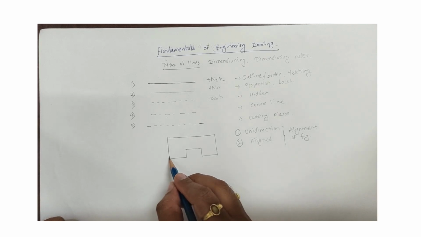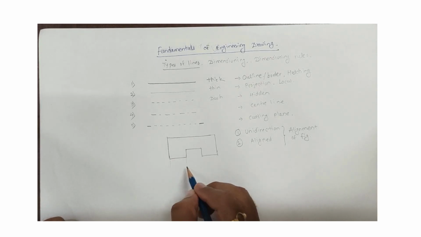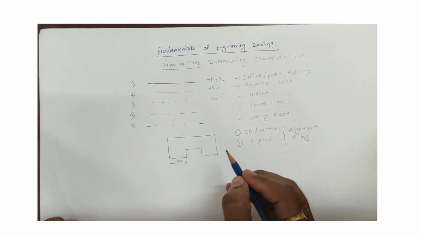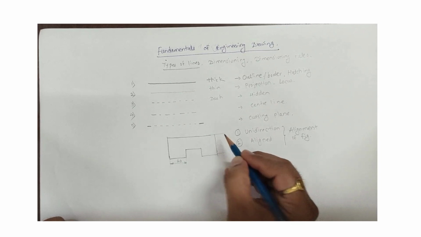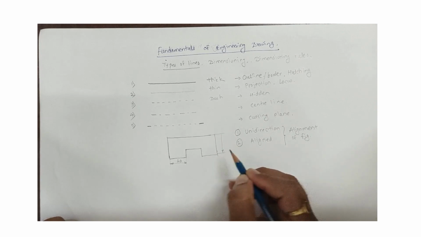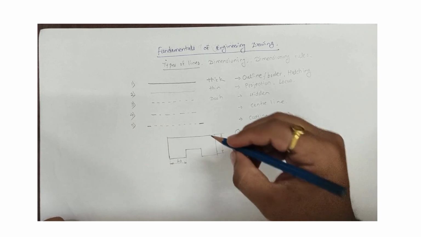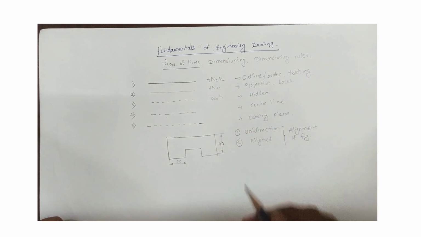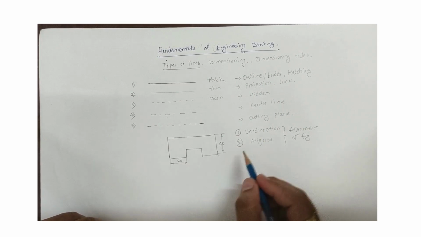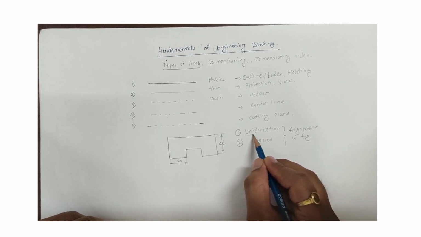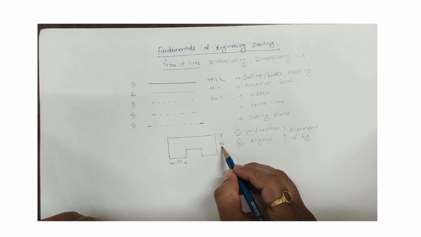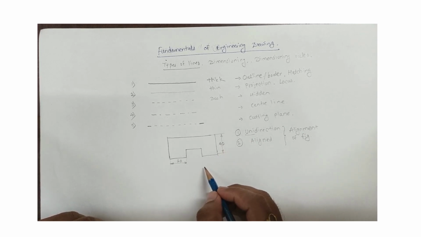So if you are giving dimensioning in this way, so this is 20 and this is 40, unidirectional. What does unidirectional mean? From one direction, whatever the orientation or alignment of a number or figure is, it is the same. It is not going to change. That type of dimensioning is called unidirectional.